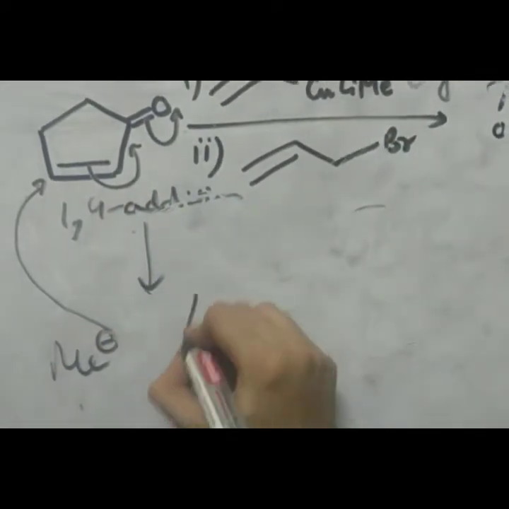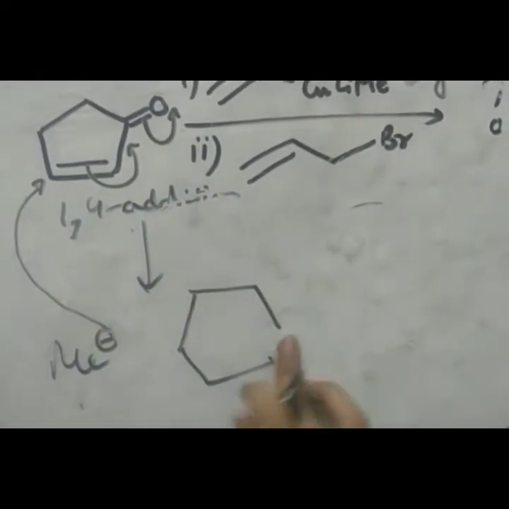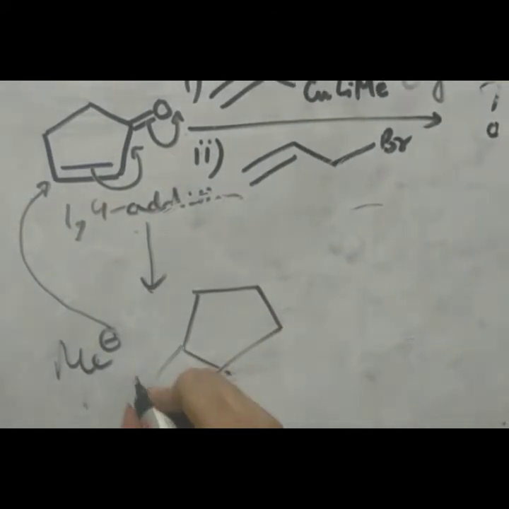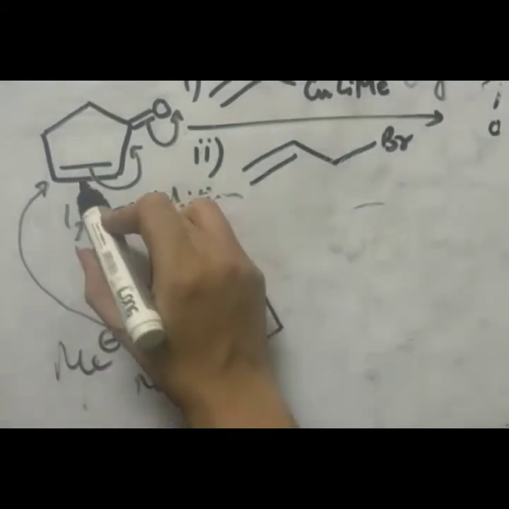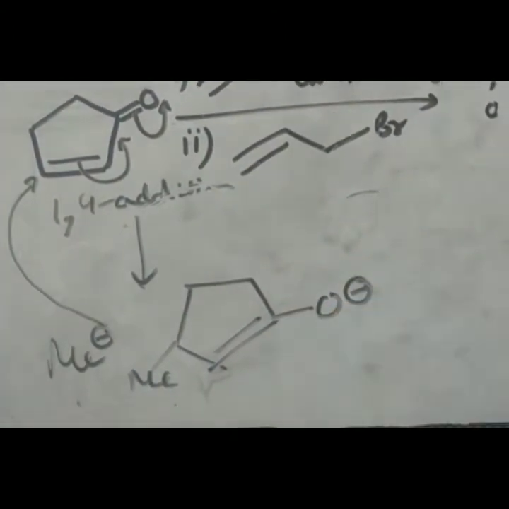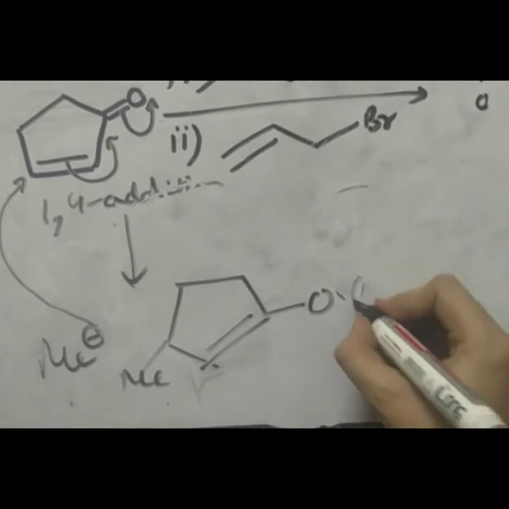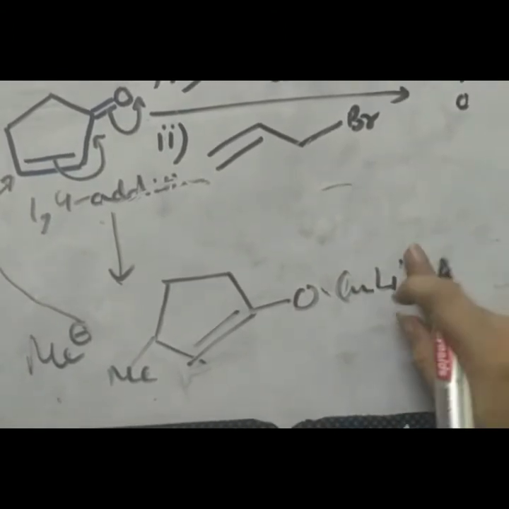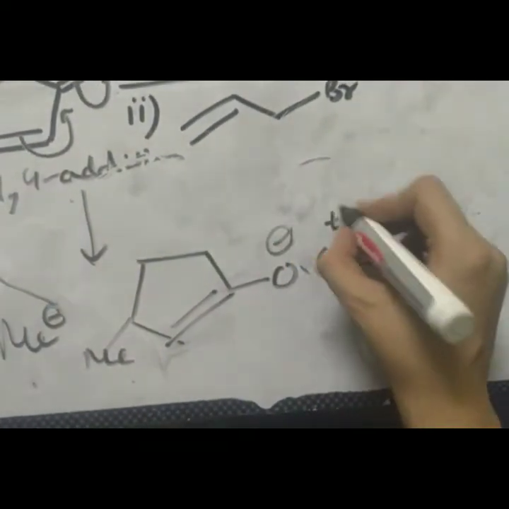So simply Me is coming here, and this bond is shifting here, so double bond is here and O negative is generating here, and copper Li will come here.